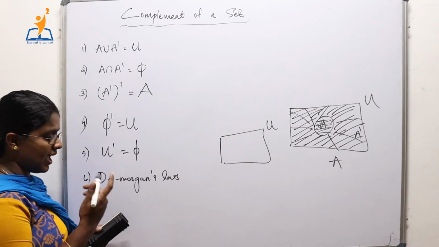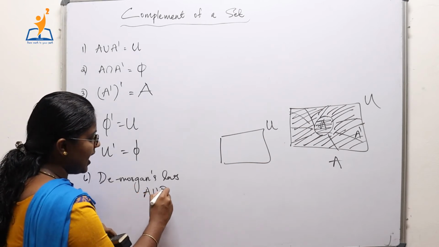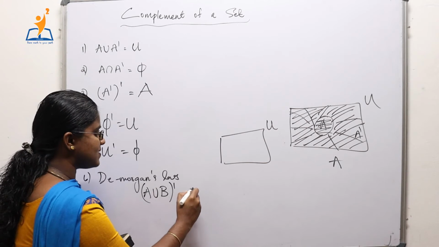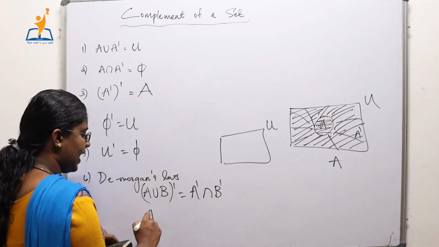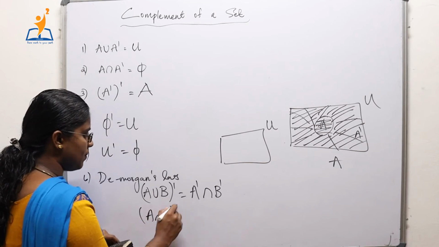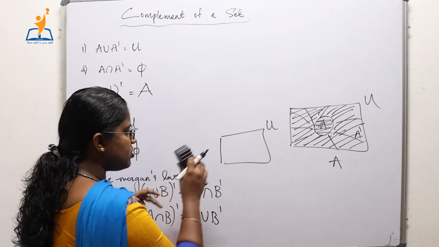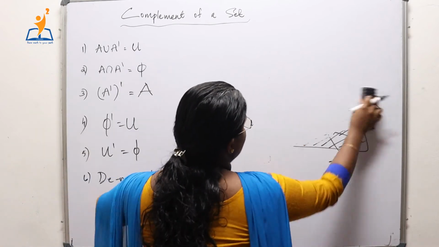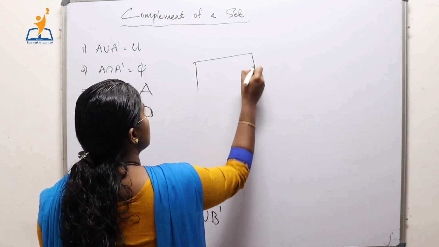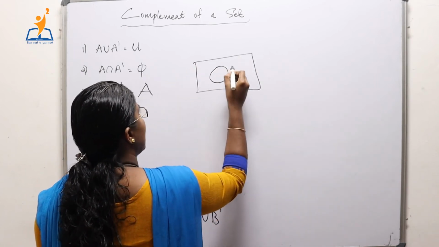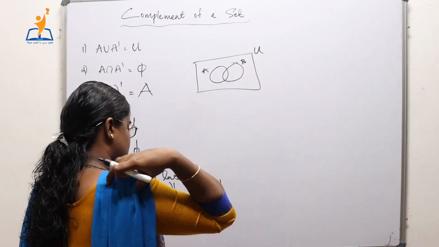So next we have De Morgan's law. We have already learned what De Morgan's laws are. A union B the whole complement is equal to A complement intersection B complement. Again, A intersection B the whole complement is equal to A complement union B complement. We shall do that using Venn diagram. So first De Morgan's law. For that we want A and B. This is our A, this is our B, this is our universal set.